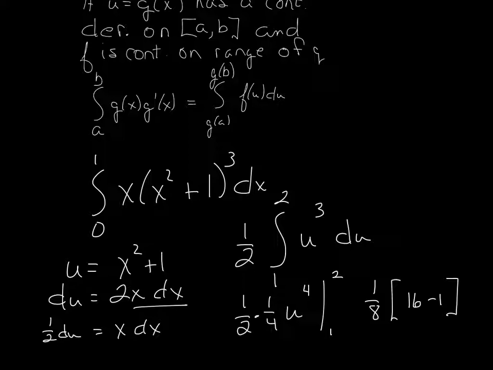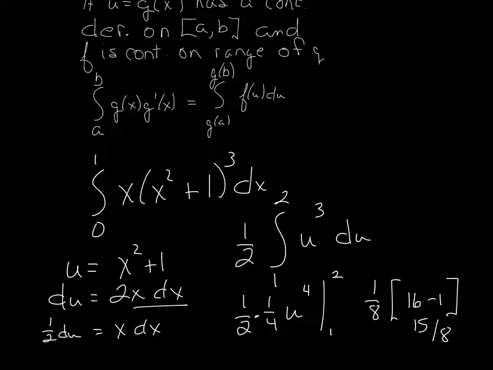Yes, 15/8. You see what we did? What did you plug into? I plugged this into what I said u was, and that becomes my new lower limit. And I plug 1 in to what I said u was, and it becomes my new upper limit. If I don't do this, then once we've integrated, we'd have to go back and plug in x squared plus 1 and evaluate it at the original limits. But usually it's going to be much easier to evaluate it at the new limits.